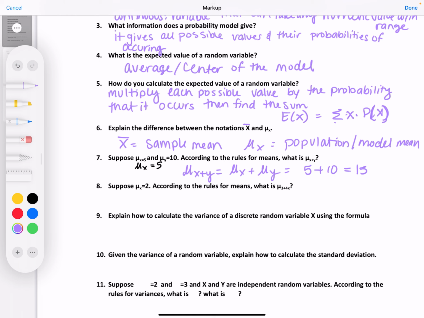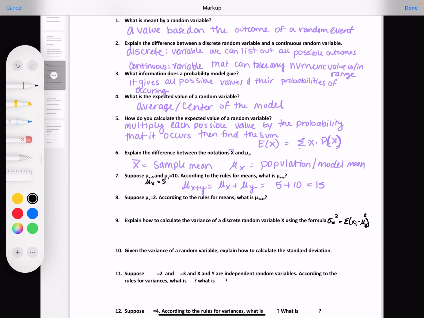We're gonna skip 8. It's not really important. 9 is missing a piece at the end as well. It's supposed to be sigma of x squared is equal to the summation of x sub i minus mu sub x, squared, times p of i.